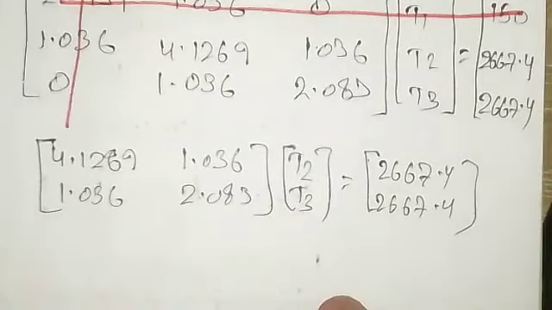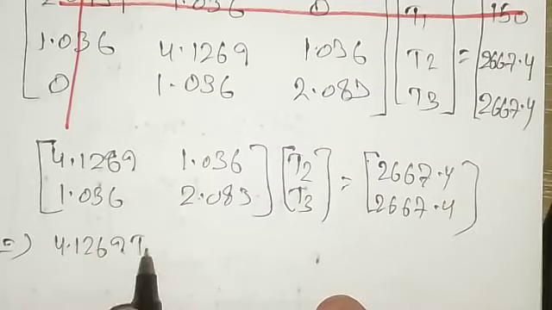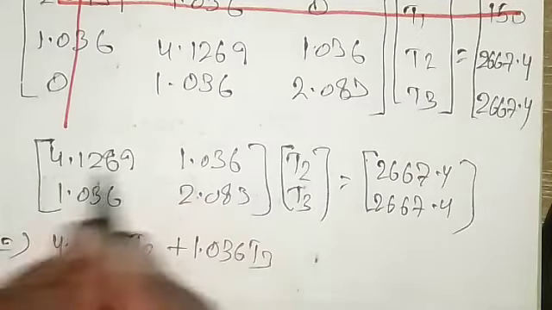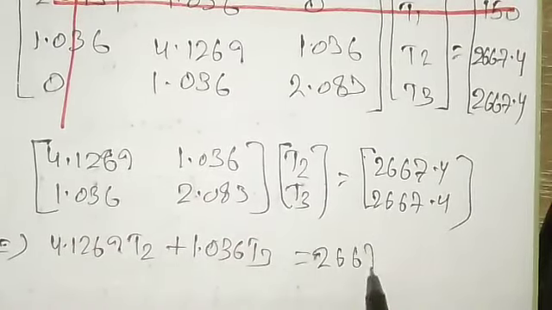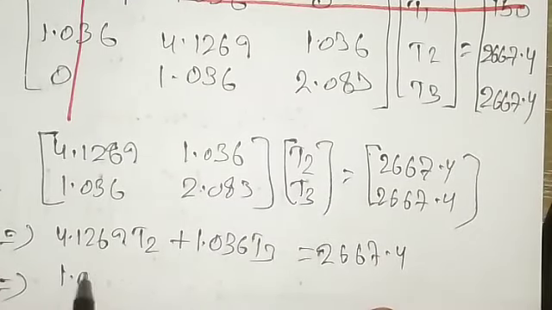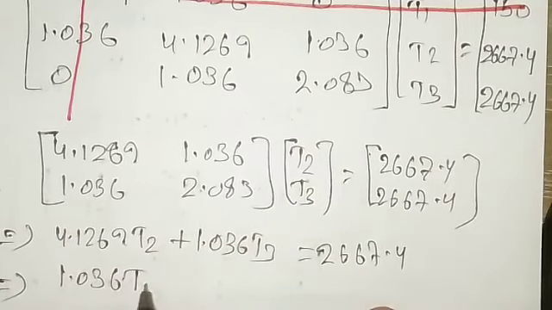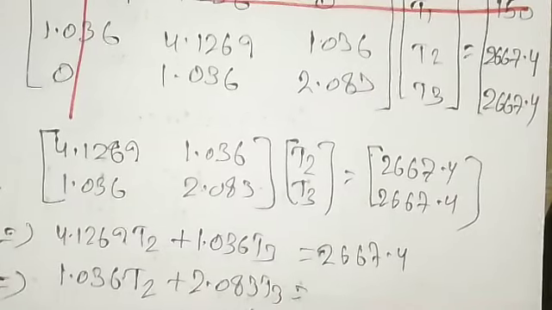Two equations we will get: 4.1269 T2 plus 1.036 T3 is equal to 2667.4. The next equation is 1.036 T2 plus 2.083 T3 is equal to 2667.4.